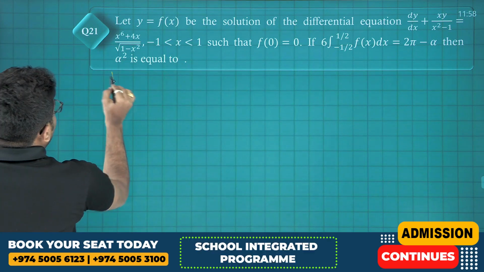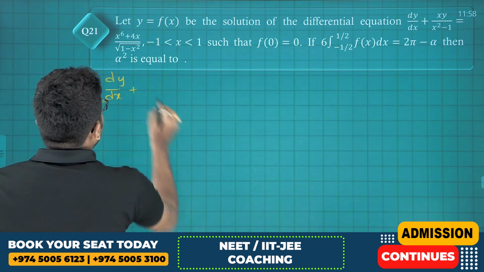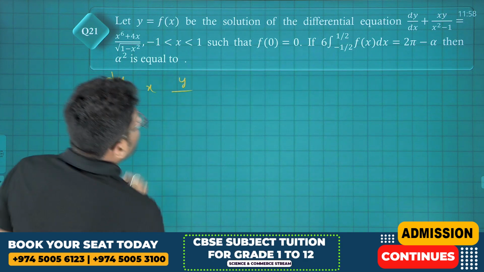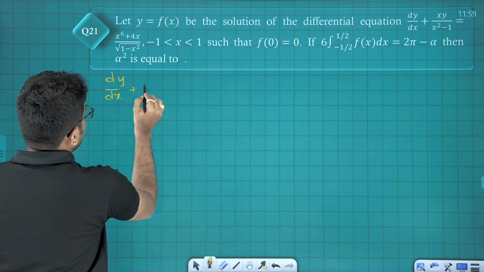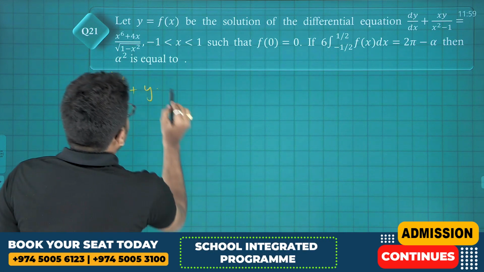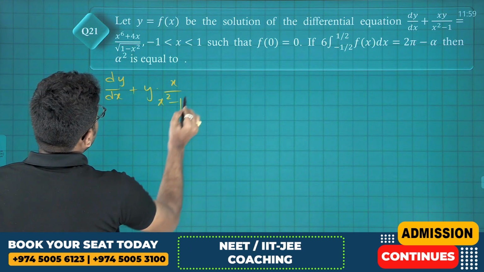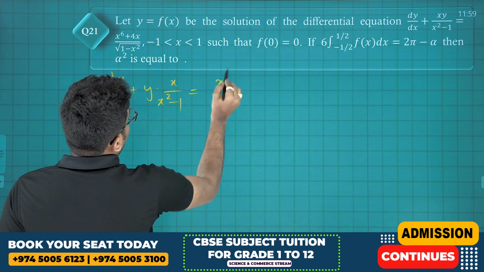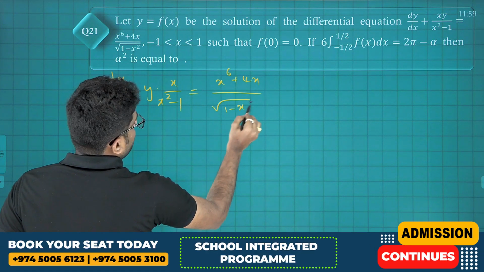So first I'll write it dy by dx plus y into x divided by x square minus 1 is equals to x power 6 plus 4x divided by root over 1 minus x square.